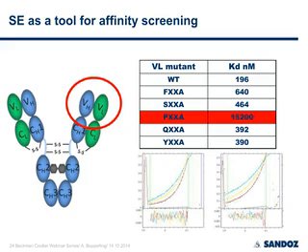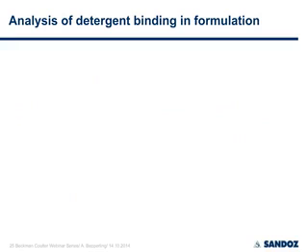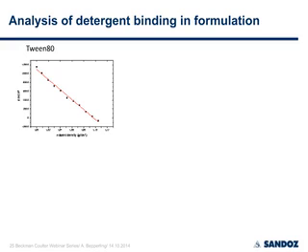What you can do apart from this binding screening is you may also want to have a look if non-protein compounds bind to your protein. For example, you look for detergent binding in formulation, because this is also sometimes a question which comes up. Does the detergent in your formulation interact with the protein itself?